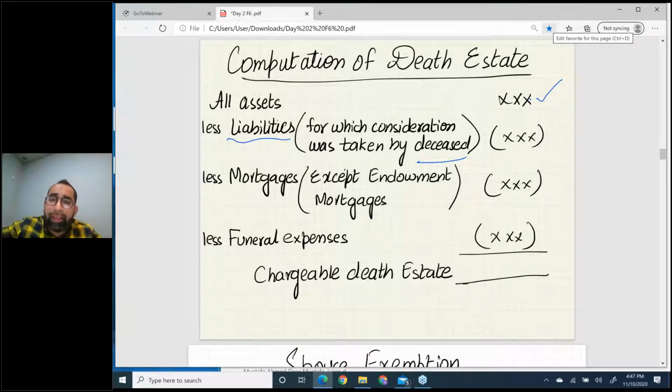So definitely, when you use a credit card, you buy some things, right? So he got the consideration. So these debts are allowed. But don't forget that gambling debts or verbal promises, for example, the deceased promised a poor guy that I will help you with your school fees or something, such verbal promises are not allowed.